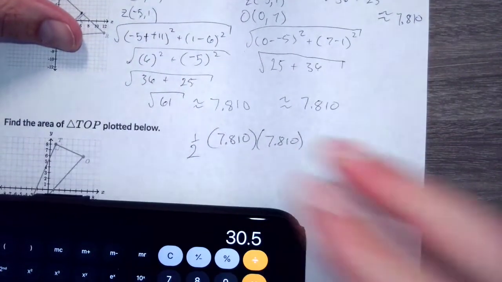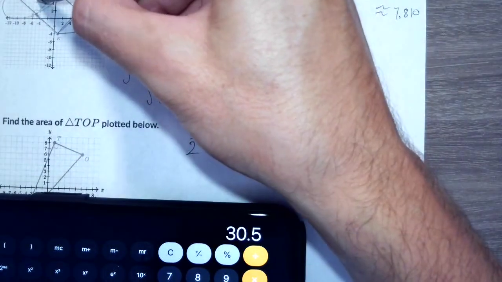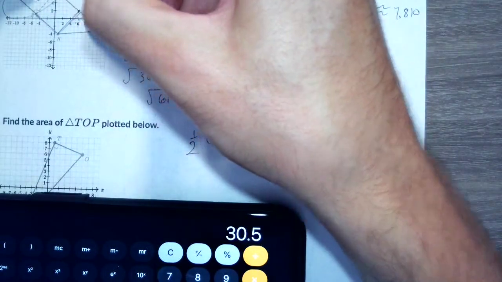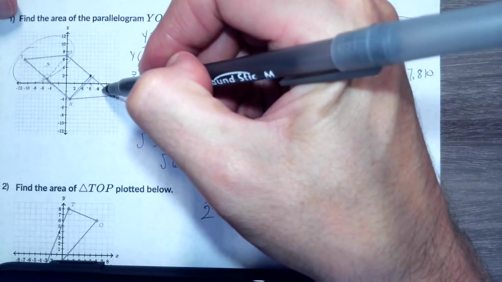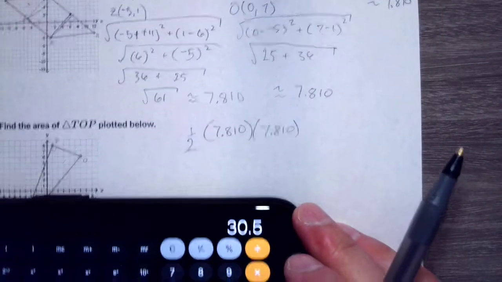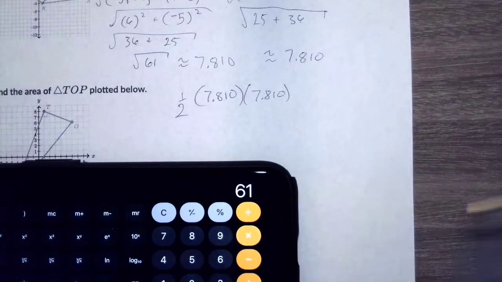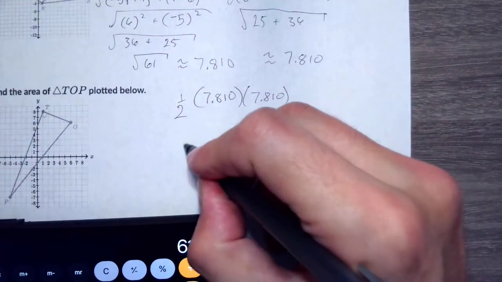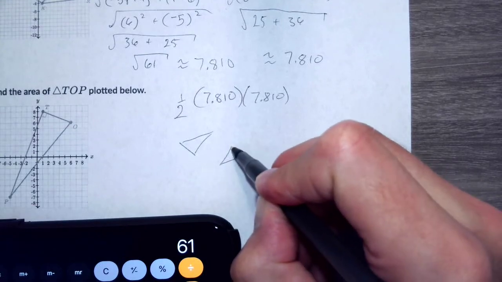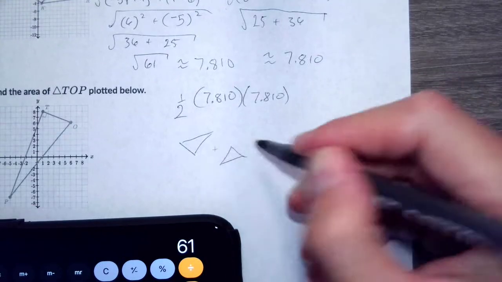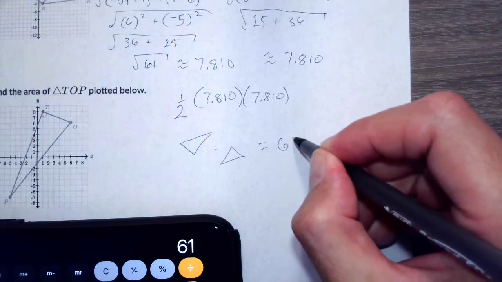So 30.5, that's the area for this. That's going to be the same as the area for this. So I'm going to take that number and multiply that by 2. So those two triangles added together are going to equal 61.